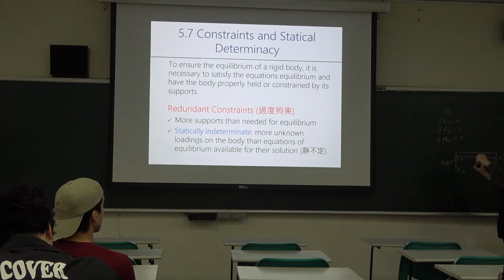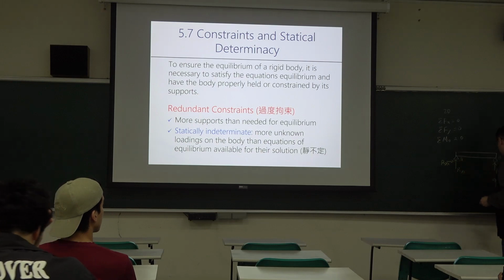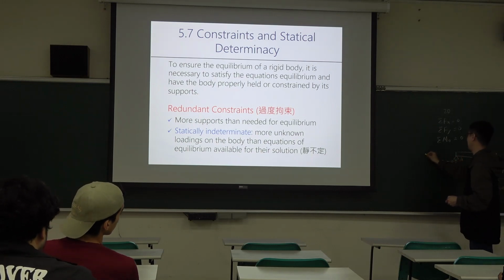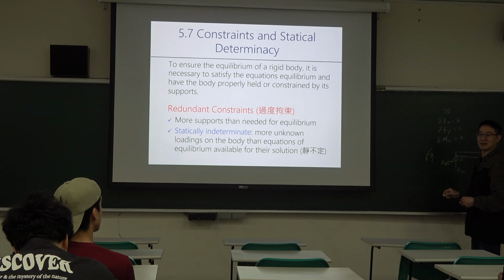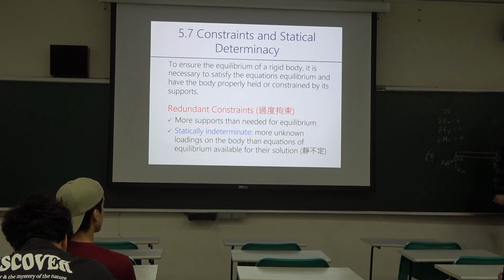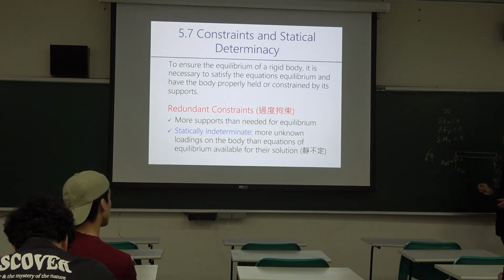If fixed, for a 2D case, it can have vertical and horizontal reactions and also a bending moment. And this part is also fixed, so also three reactions. For civil problems, most are fixed on both sides.